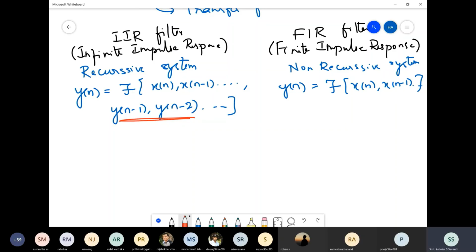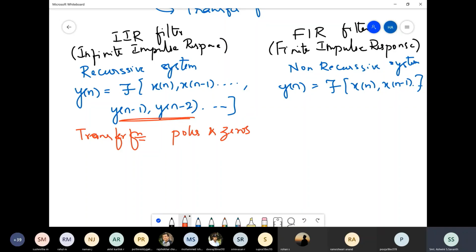Then, when we write down the transfer function of a system, you know that there are poles and zeros of a system, right? Whenever you write the transfer function. So the IIR filter is one which has both poles and zeros.